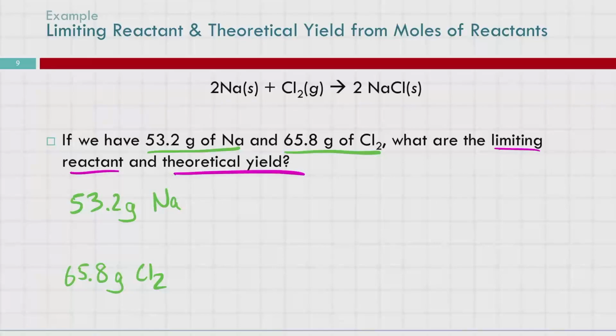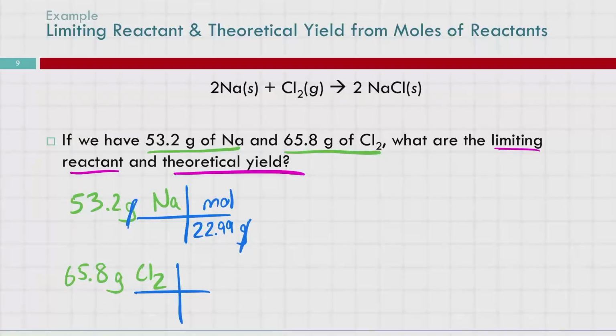And we need our molar mass for sodium and for Cl2. For sodium, we refer to our periodic table. It's 22.99 grams per mole. To get the units to cancel out, we put the 22.99 and the grams on the bottom, because those are always paired together. The moles goes to the top. The grams will cancel. For Cl2, a little bit of math involved.